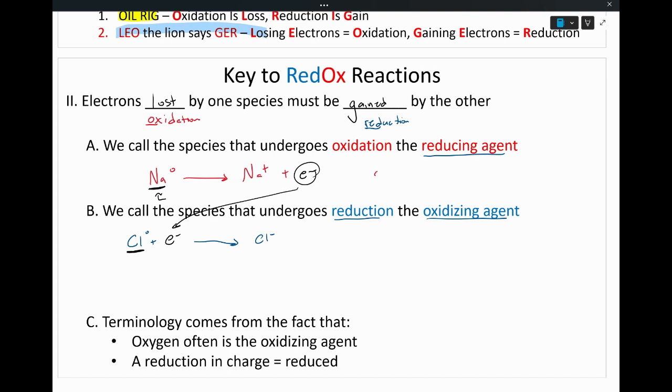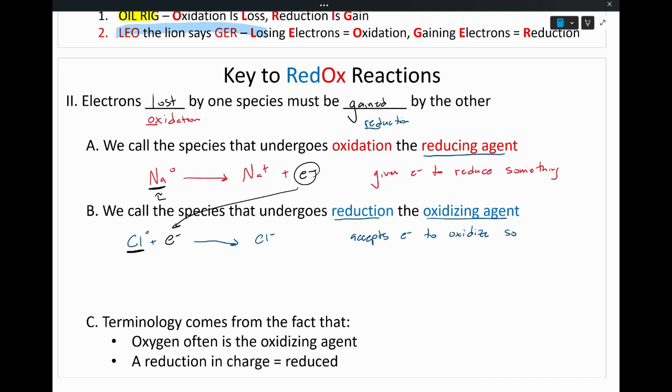And so we said that this gives e minus to reduce something. And then we said our oxidizing agent accepts e minus to oxidize something.